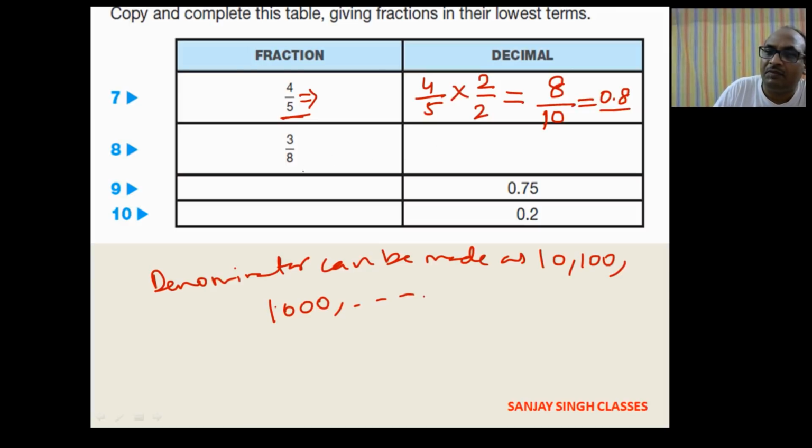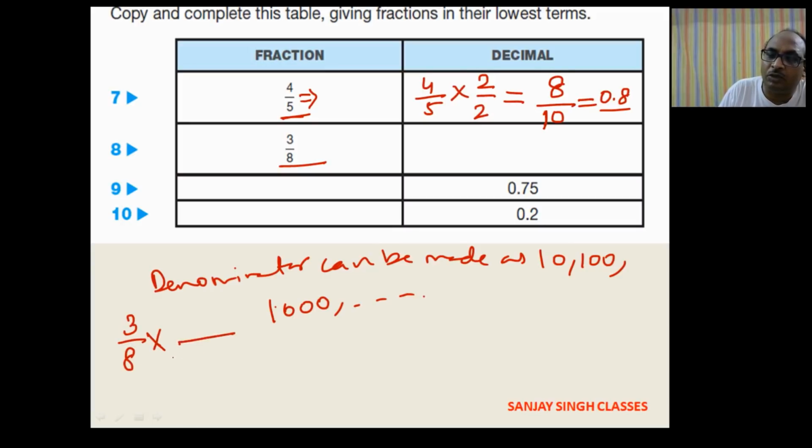Similarly, if 3 by 8 is there, in this case another method also we can do. If we are going for making it a higher number, then 3 by 8, and if you ask me to make it 100, with multiplication of 8 we cannot make 10.